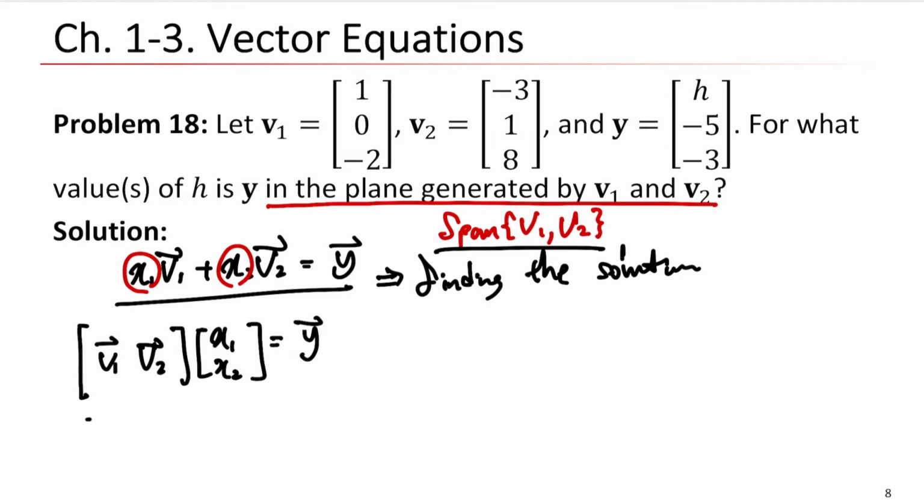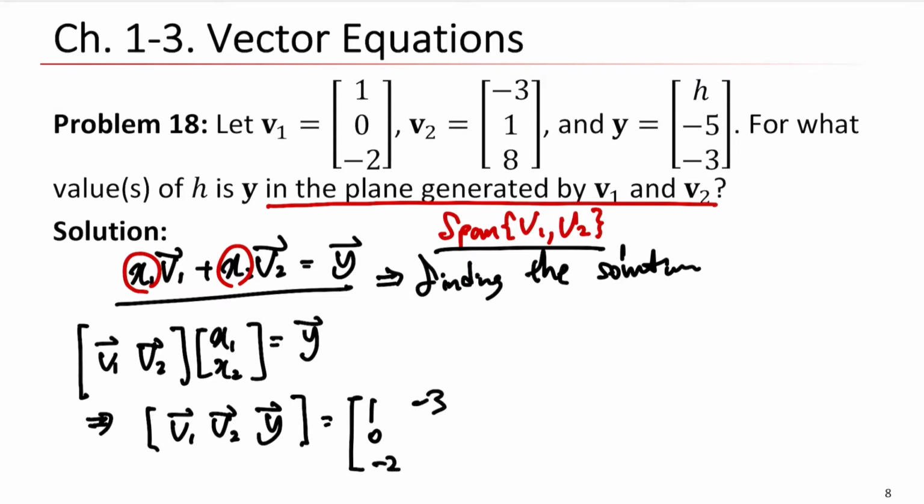Then to solve this one, we can make the augmented matrix something like that, right? Then it's negative 3 1 8 h negative 5 3 like that.